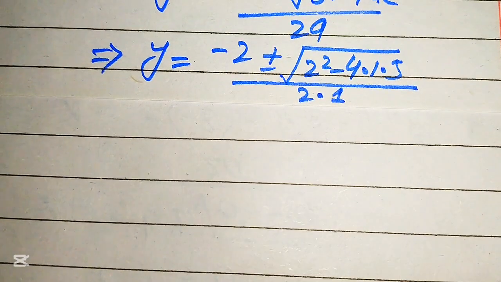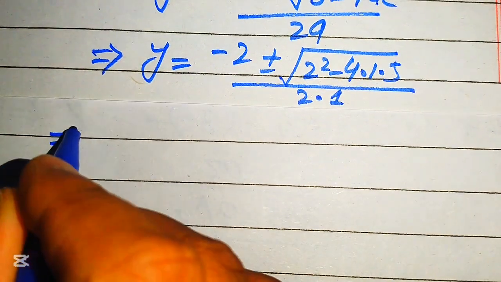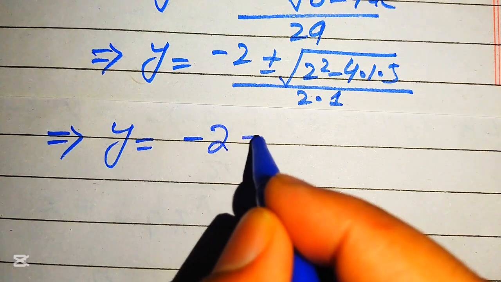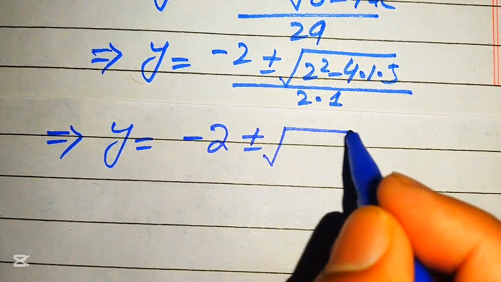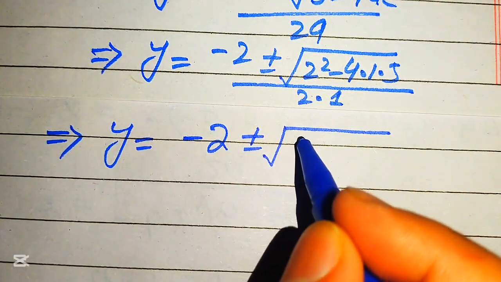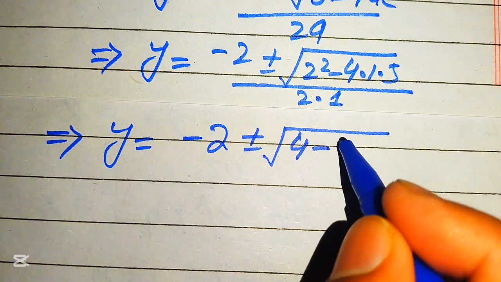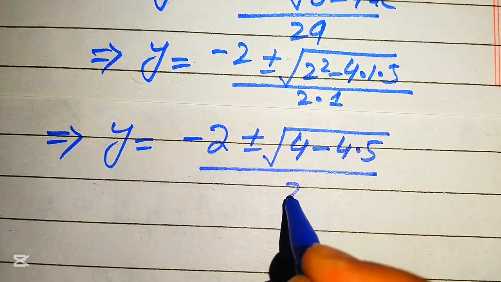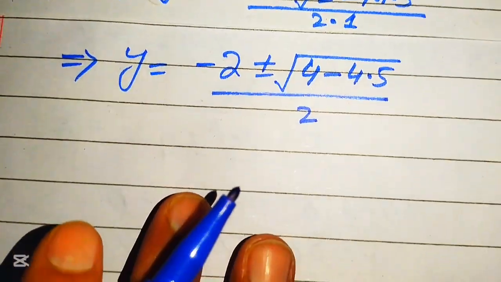In the next step we need more simplification, and it will be written as y equals minus 2 plus minus square root of 2 square, and this 2 square equals 4, minus 4 times 5, divided by 2 times 1 equals 2.